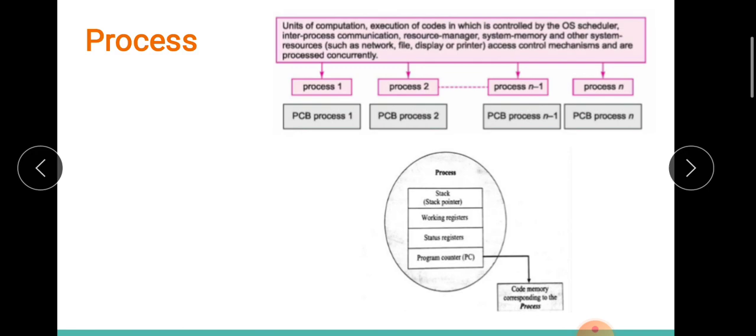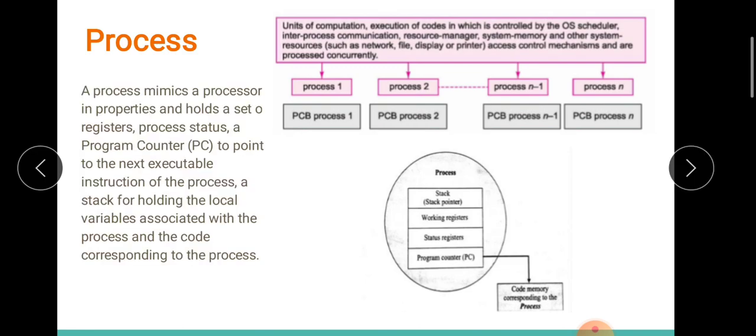Since the process has all these components, I can say that the process mimics a processor, because it tries to copy all the elements that a processor has. PC, registers, status register, stack, everything is available in a processor, right? So the process also has all these components.